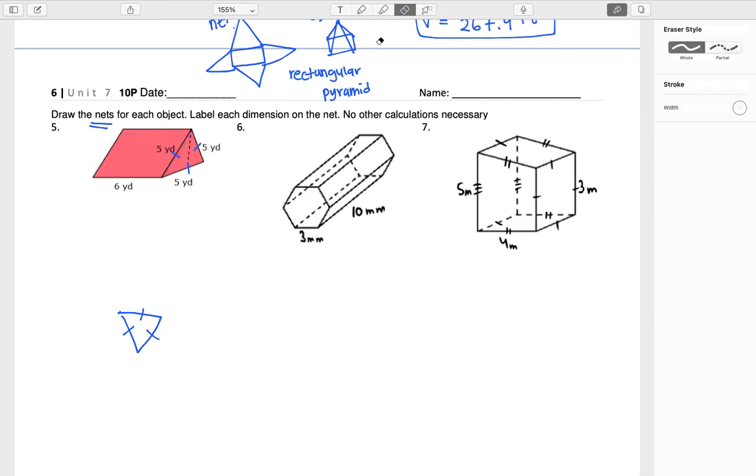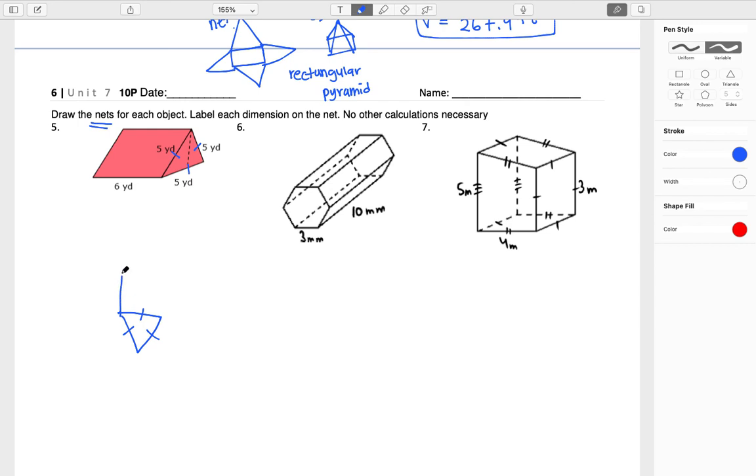Okay. So therefore, we have a side here, and then we have a side here on this side, and then we have a side here, and we have the top for the triangle. And again, this is an equilateral. So because this is 6, that means this must be 6. This is 5, 5, 5. This is the length of 6. This is 5, 5, 5.